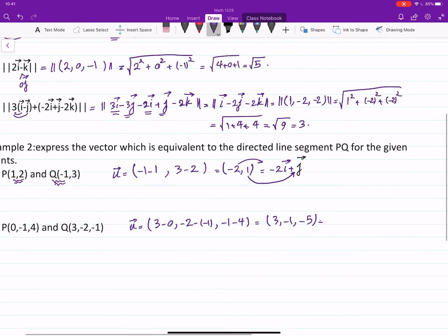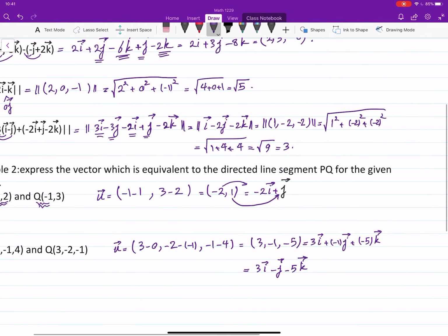While the recipe to turn it to IJK notation is first coordinate times I, second coordinate times J, the third coordinate times K. In other words, we have 3I minus J minus 5K.